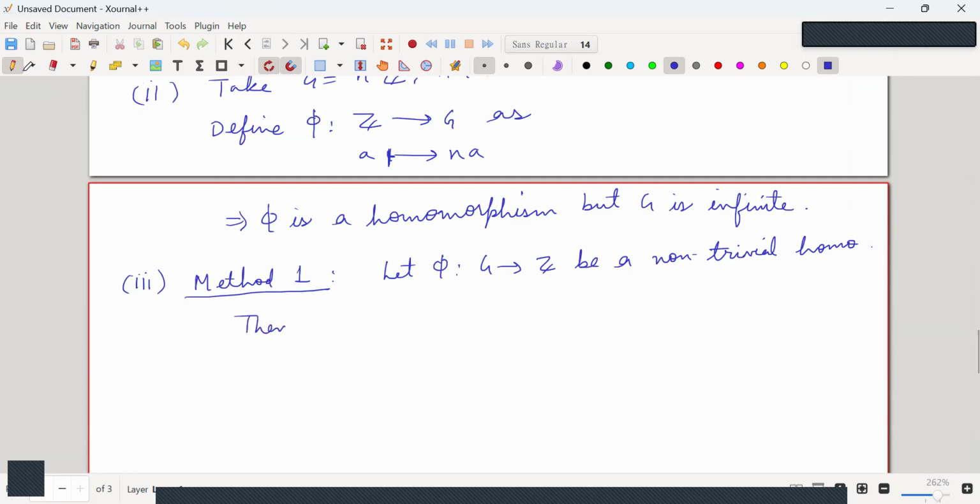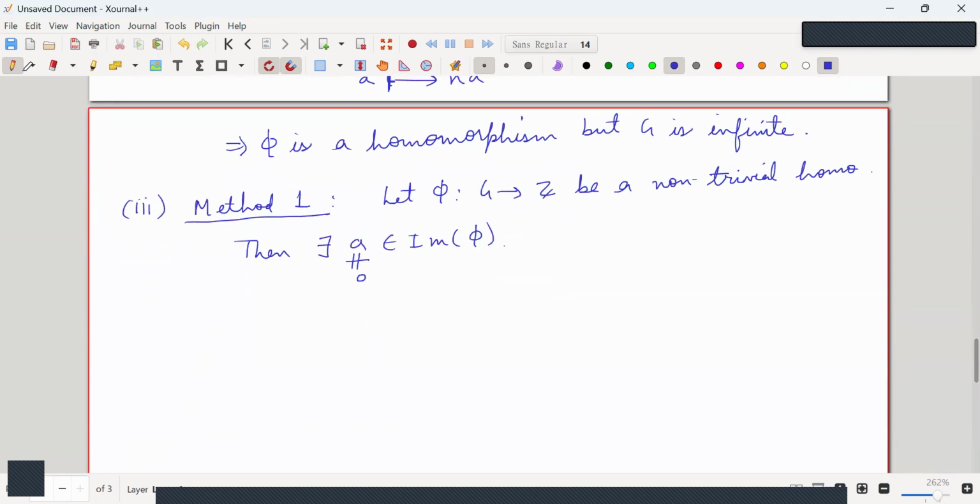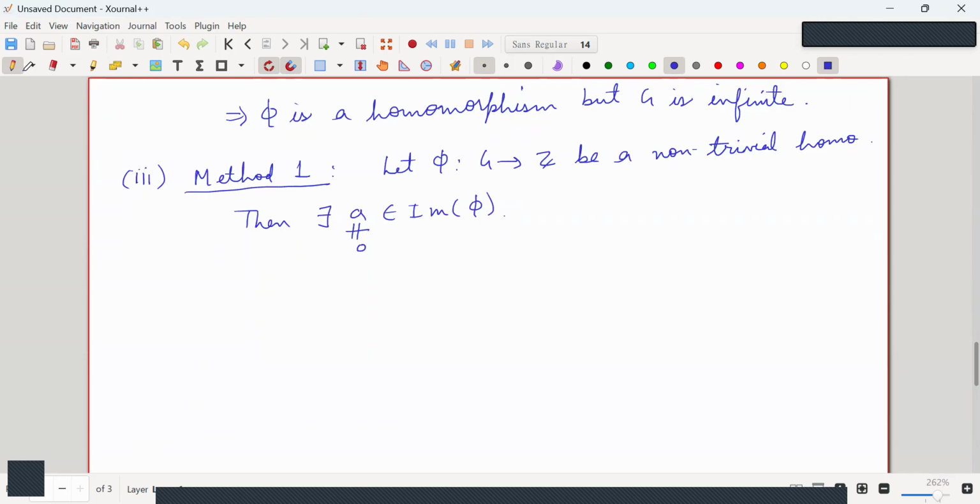Then there exists some a not equal to 0 which belongs to the image of phi, right? Let g belong to G be such that phi of g is a.